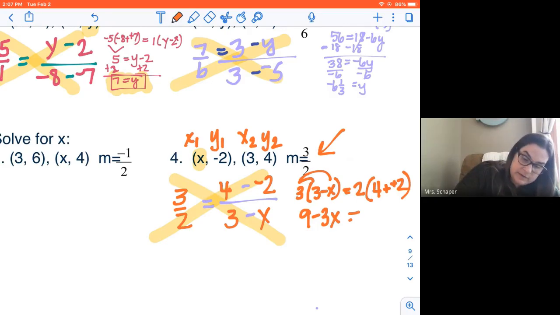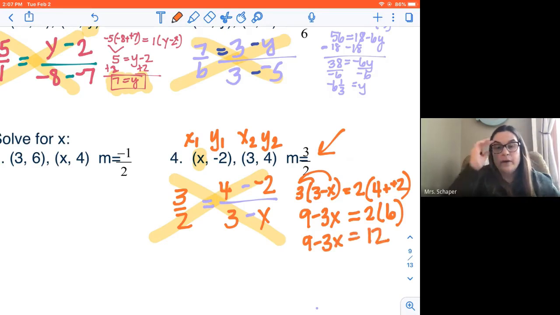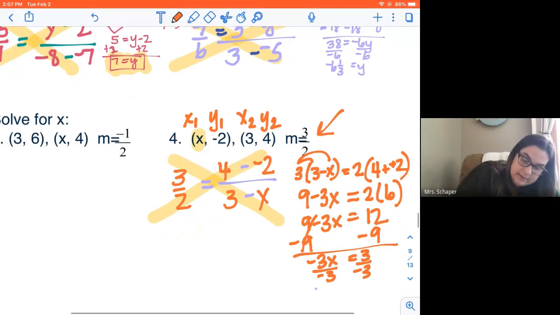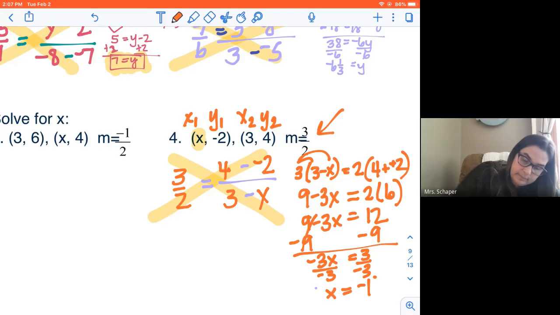That equals 2 times 6, which is 12. Now I need to work on getting x by itself. I'm going to undo 9, so I'm going to subtract 9 from both sides. So -3x equals 3. Divide by -3. X equals -1.